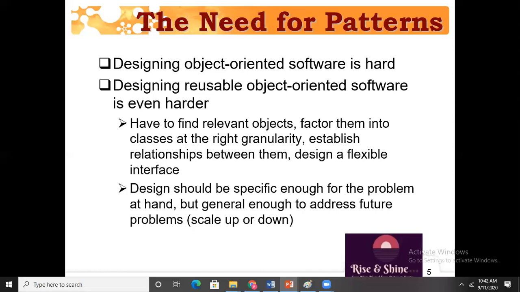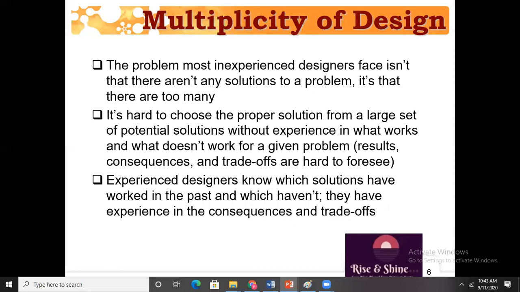That is why, when we use these patterns, we can design software which will address future business needs also. So patterns are very important.